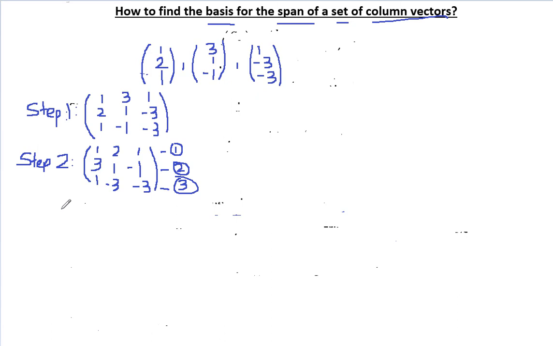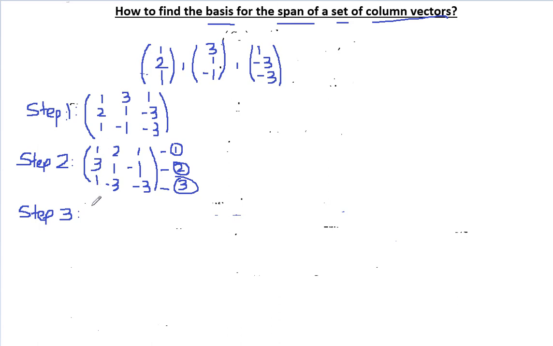Now step 3, reduce to reduced row echelon form. From here we want to eliminate the entries in the first column below the 1, which are 3 and 1.